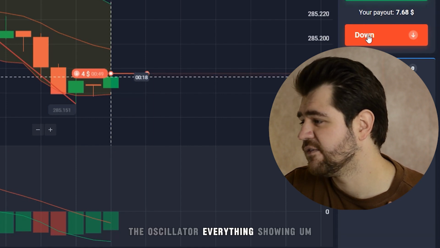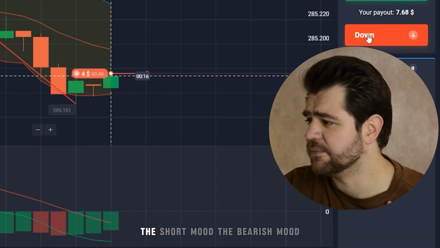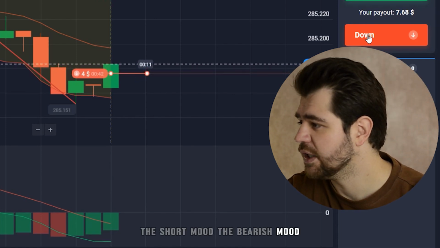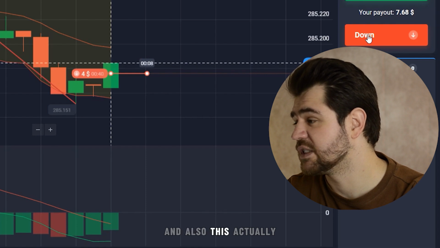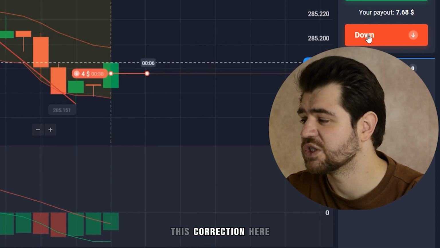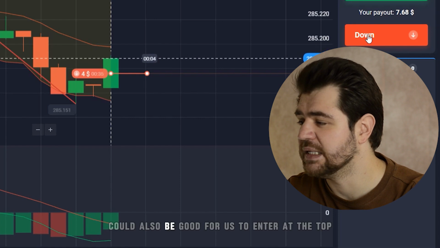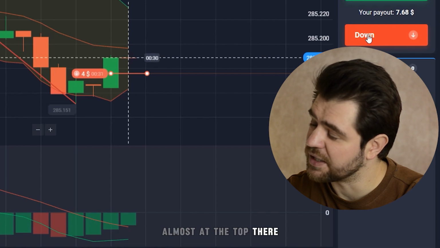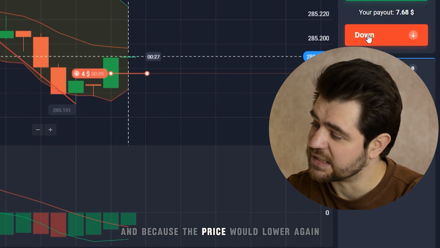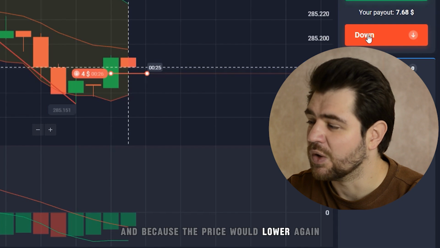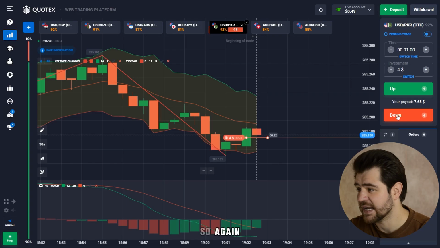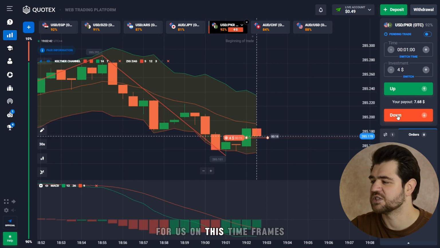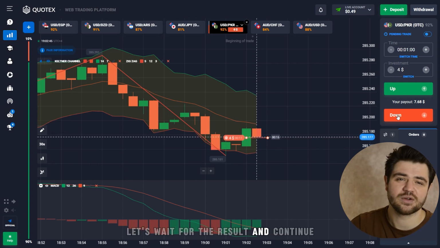The oscillator, everything's showing the short mood, the bearish mood, and also this correction here could be good for us to enter almost at the top there, because the price would lower again. So again, profiting from this little situation is really good for us on these time frames. So let's wait for the result and continue.